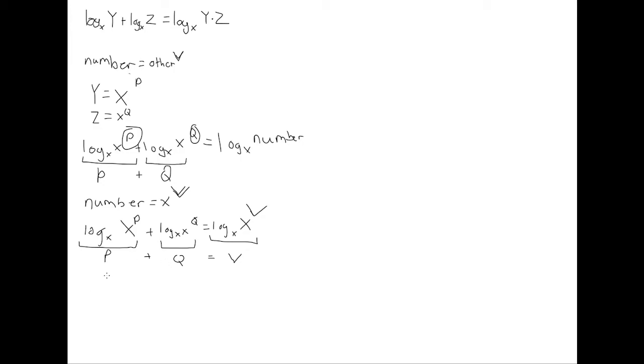So if v equals p plus q, right, it has to equal p plus q, then what does x to the v have to equal? I mean that x to the v has to equal x to the power of p plus q. And this is a rule that we've done before in a past video, but that's the same thing as saying x to the p times x to the q.